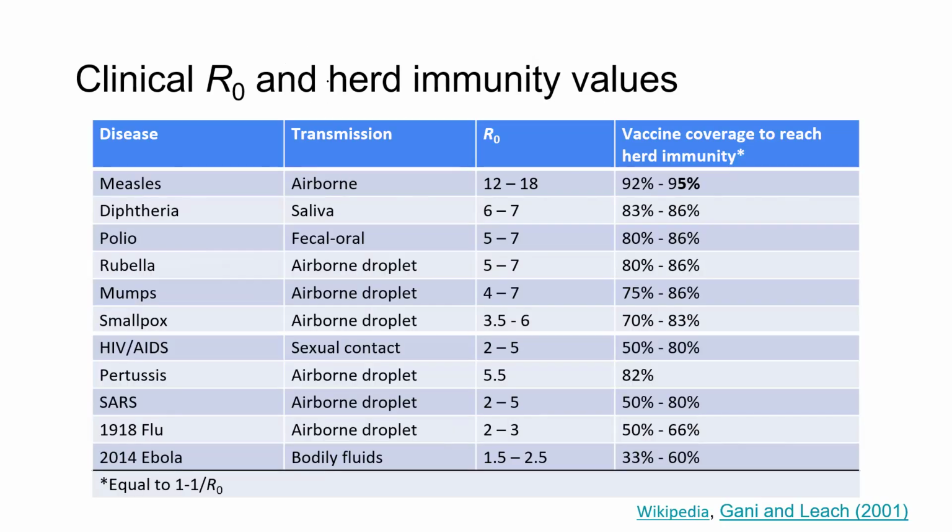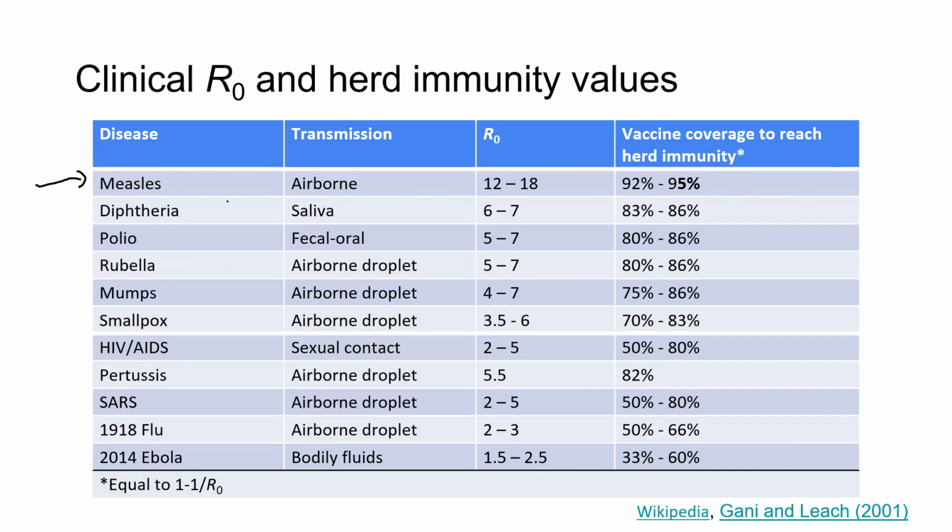So we consider the R naught of a great many different kinds of infections. The highest or most infectious of these infectious agents that we know about is measles. And the interesting thing about measles is that we have an excellent vaccine, the MMR vaccine.